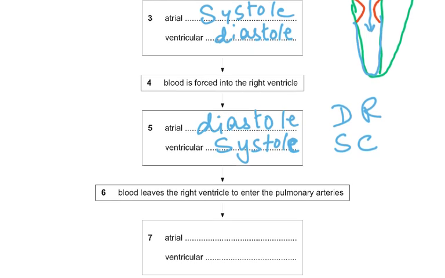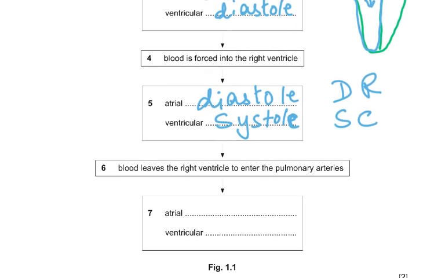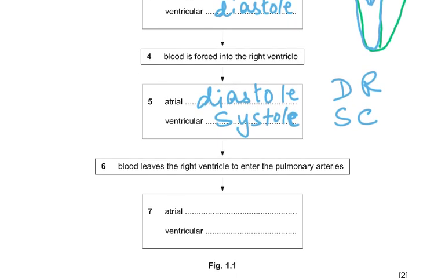Blood leaves the right ventricle to enter the pulmonary arteries. Now the atria are still in a relaxing state, so diastole, and ventricular.